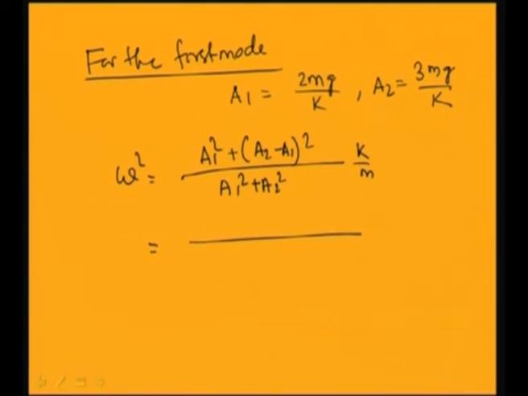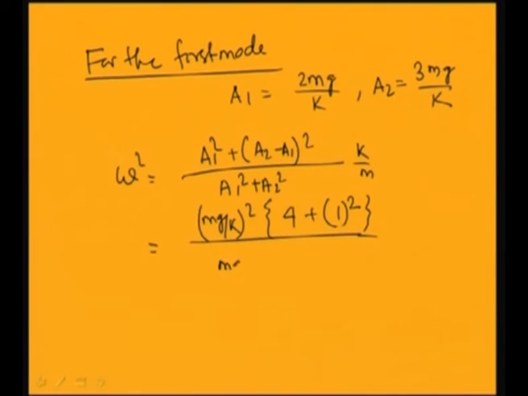If I take (mg by k) square common, then a1 square will become 4, plus a2 minus a1, which is 3 minus 2, this is 1, so 1 square equals 1.